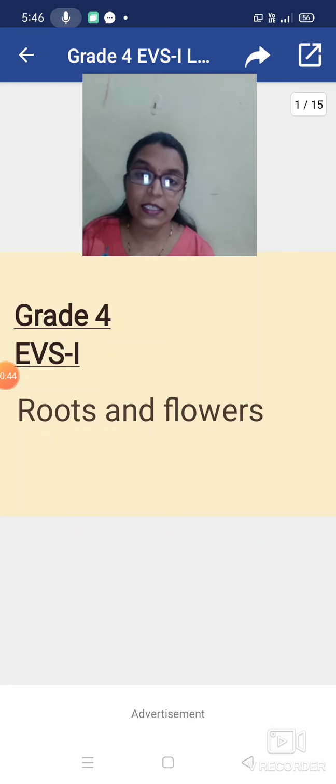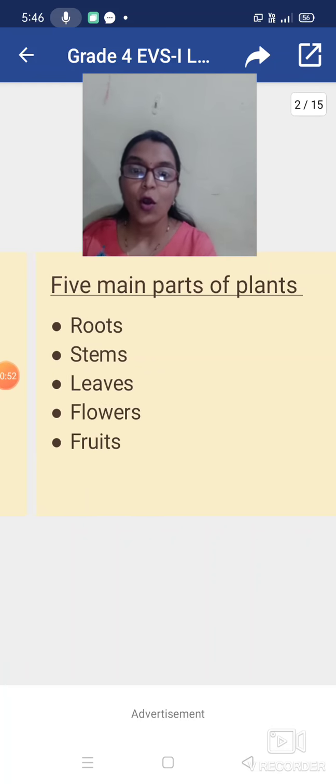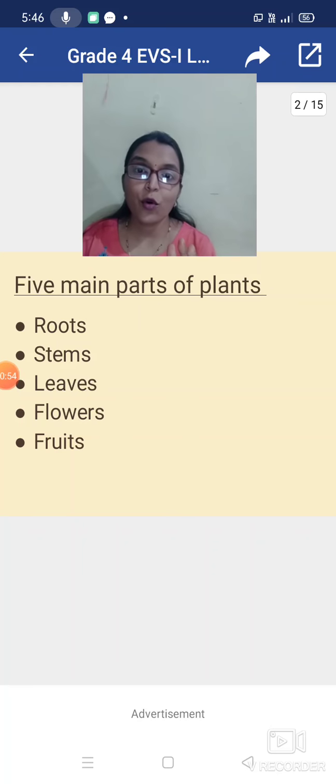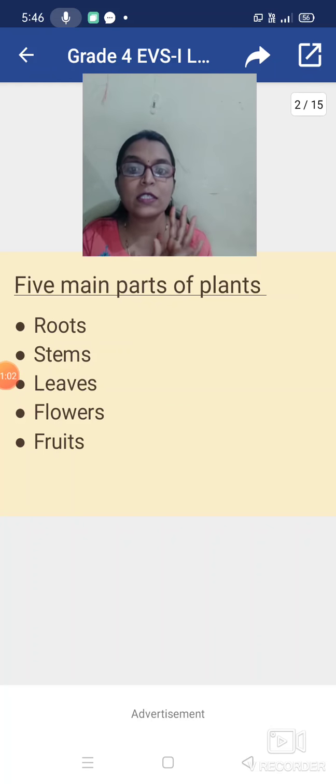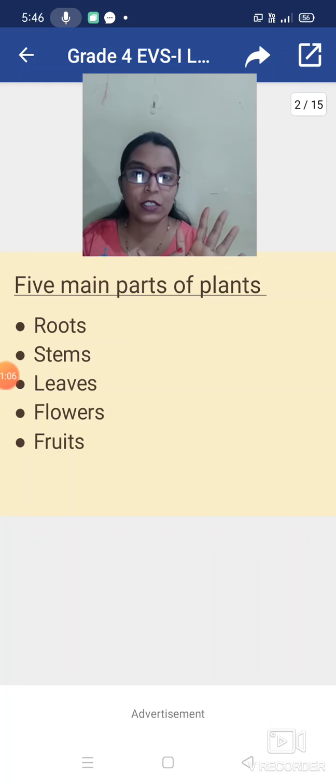So the next lesson, our last lesson, is roots and flowers. It is related to the plants. So plants have many parts, but mainly plants have 5 parts. What are they? Roots, stems, leaves, flowers, fruits.